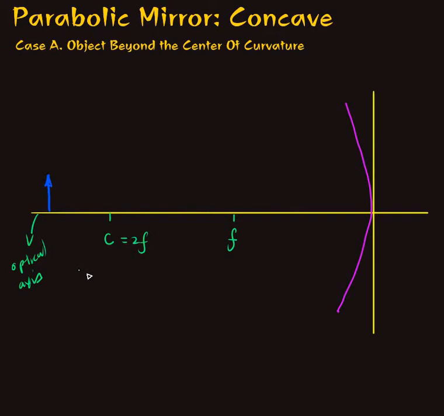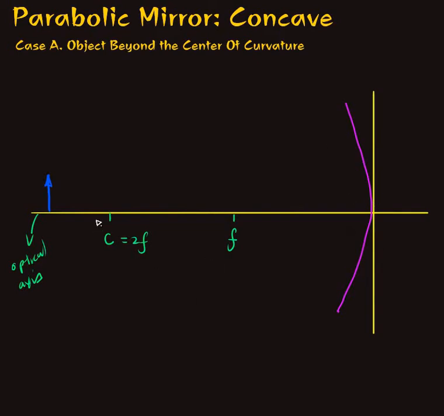If they happen to converge at one point, that is where the image is going to form. And if you remember from our discussion on Wednesday, if it converges at that point, the image is formed. If the image is formed on the same side as the object in a concave mirror like this one, the image is real.